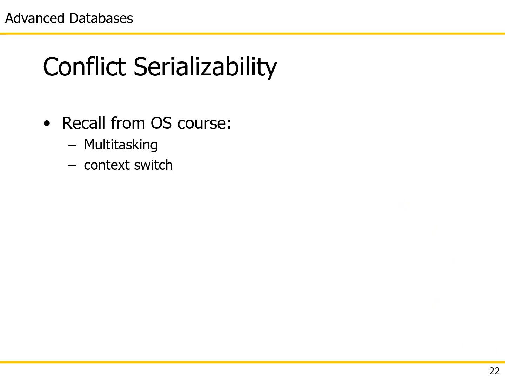Everything I describe here, you have to always keep in mind that the OS is running at a layer below the database engine. The OS is the one responsible for multitasking, for preempting one thread and running the other one, and for context switching. And we have no control over when the context switch happens or when a thread gets preempted.